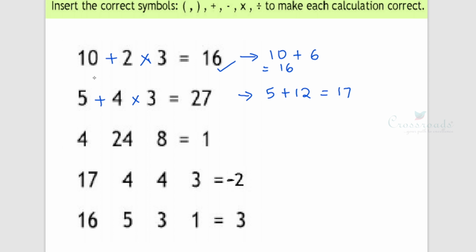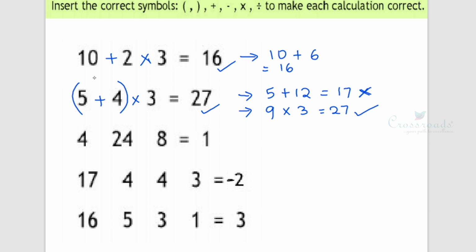Answer will be 17, which will be wrong. So how do we make this correct? By inserting not just operators but also brackets. Now what's going to happen? 5 plus 4 is nothing but 9. 9 into 3 is equal to 27. So we get the right answer.